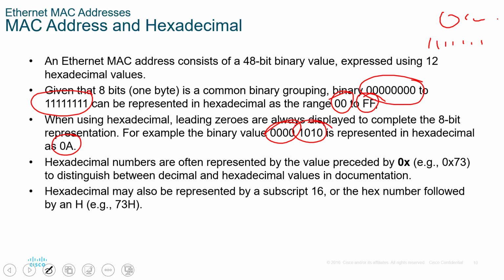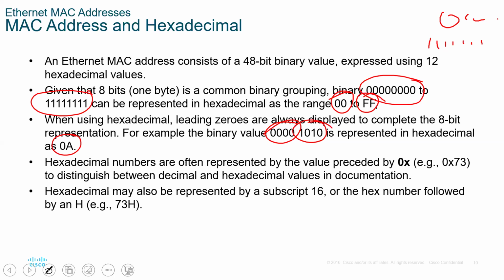So instead of just putting A, because it can just be A on its own, it can just be 0A, right? So hexadecimal numbers are often represented by the value preceded by 0x, right? So that's how it's represented, and it's represented that way to distinguish it from decimal, so that you will know that this is hexadecimal notation.